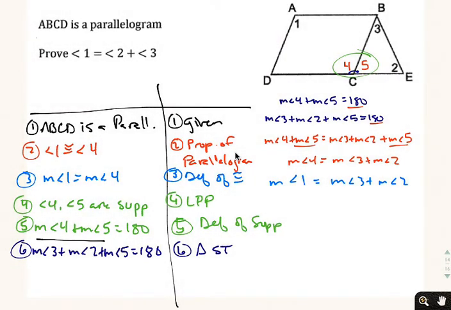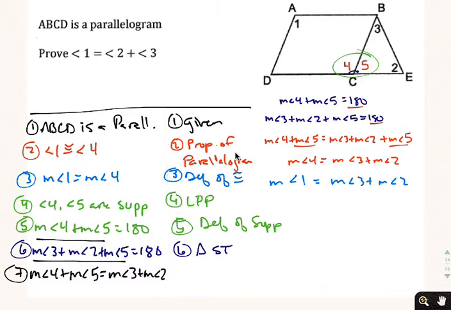If 4 plus 5 is equal to 180, and so is that sum, I can definitely claim that the measure of angle 4 plus the measure of angle 5 is equal to the measure of angle 3 plus the measure of angle 2 plus the measure of angle 5. I'm going to cheat a little bit right here. And that's going to be because of this transition.